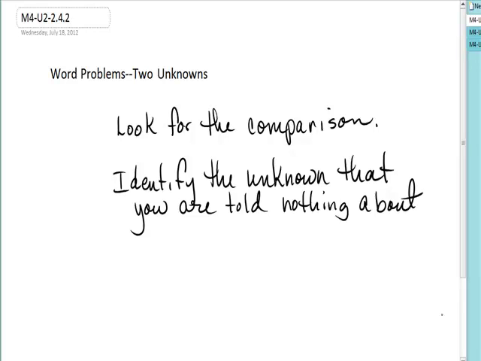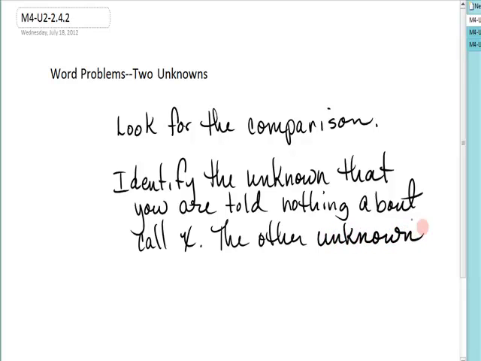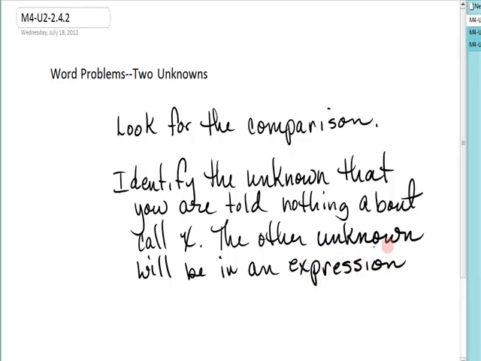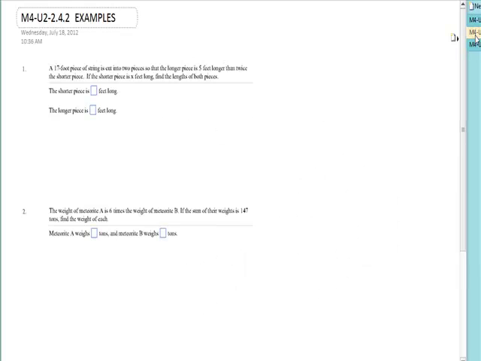The unknown that you know nothing about, you should call X. The other unknown will be in an expression involving X. And I will try to make that very clear as we look at the following examples.